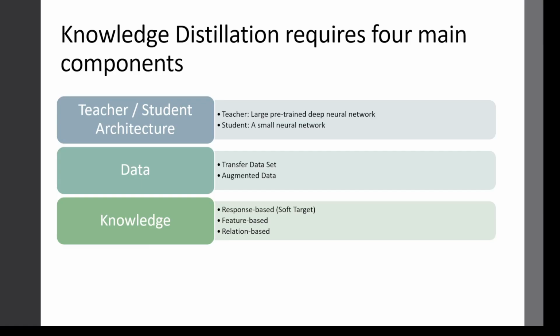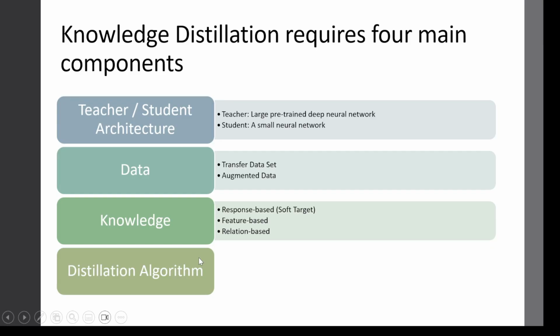I'll not dive into feature-based and relation-based knowledge in this presentation, but this essentially refers to leveraging additional feature information available from the inner or deeper layers of the network, and this can be thought of as feature maps or the relationships between feature maps.